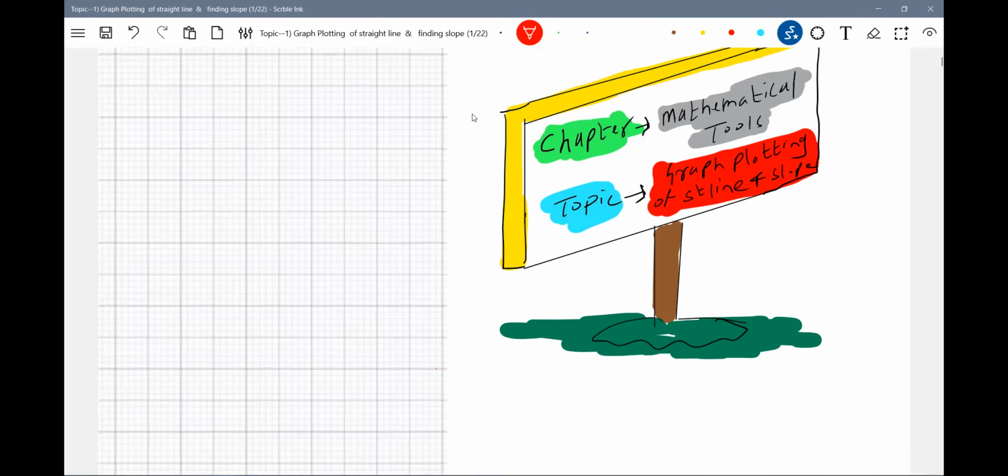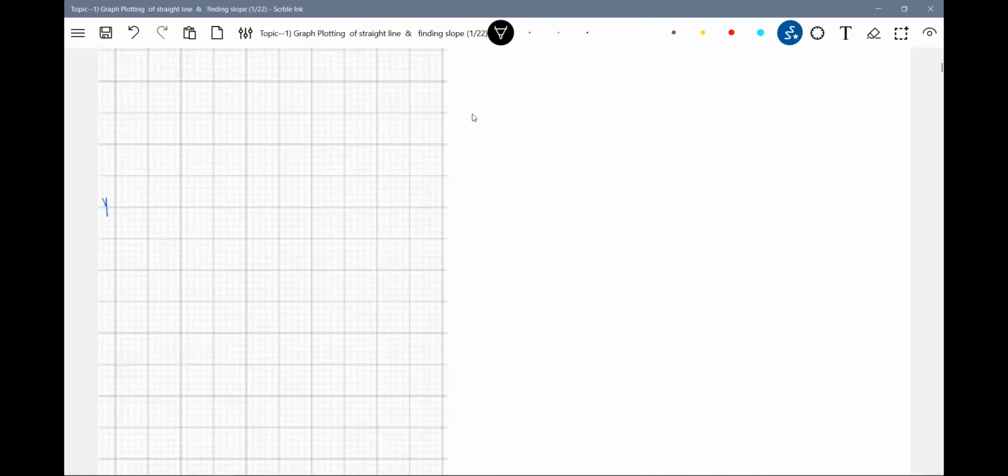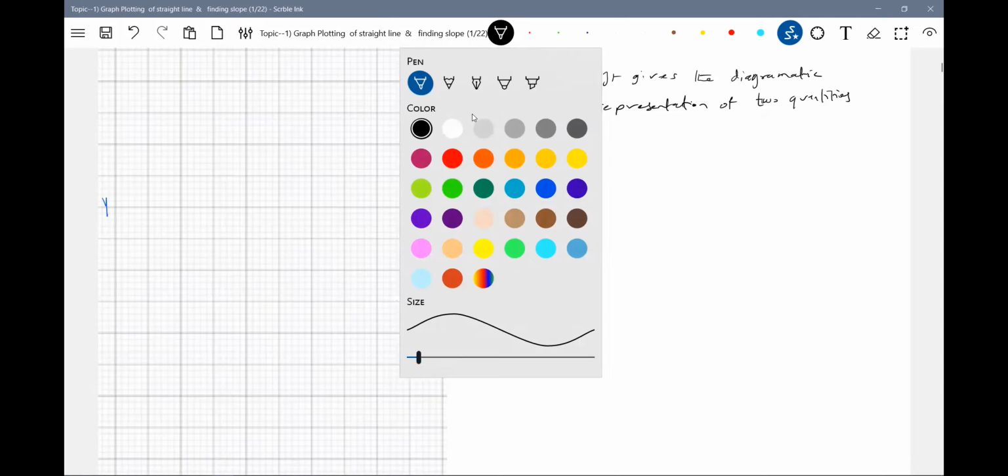A graph gives the diagrammatic representation of two quantities. It will give the diagrammatic representation of the two given quantities here.